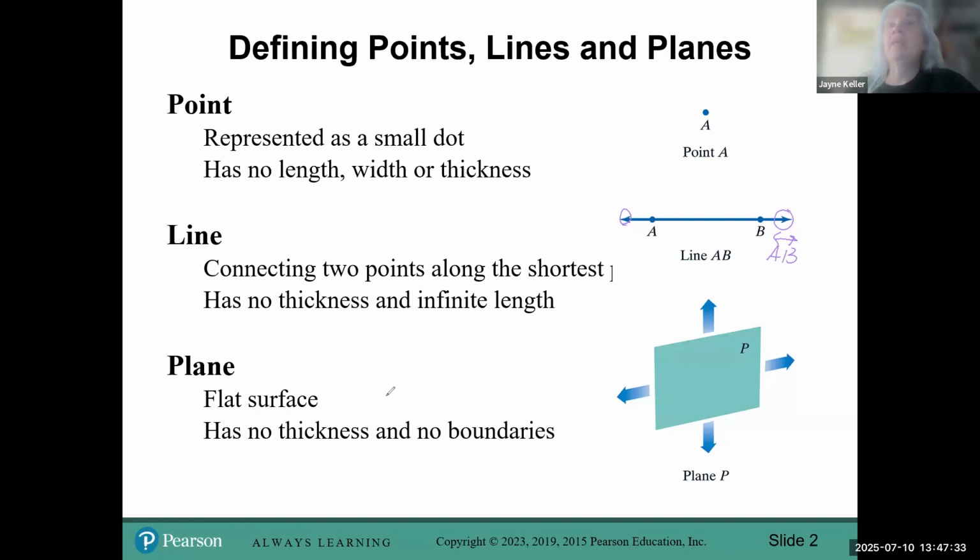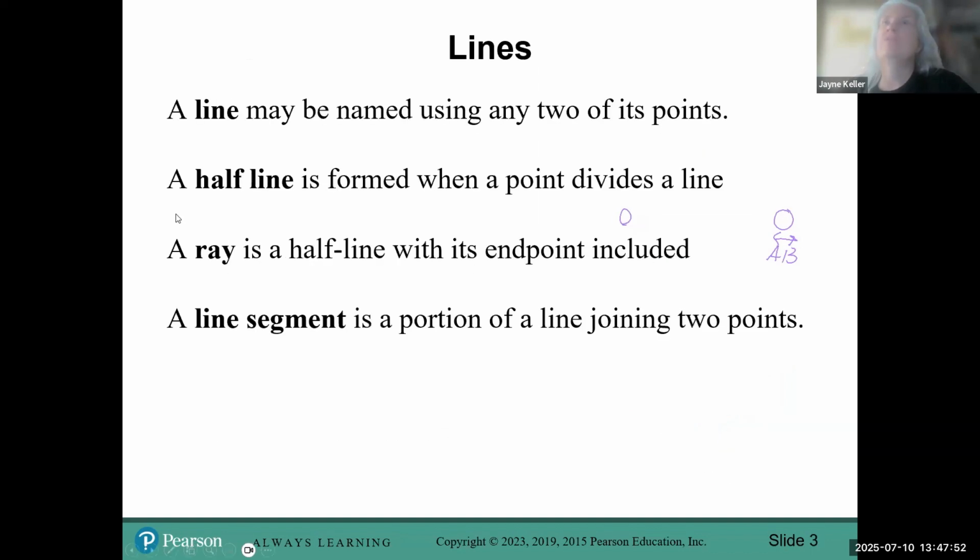So a plane is flat. There's no boundaries, but you can see that we can draw a line or draw something on it. So it's a surface. We just call it plane P. We don't have notation for that one.